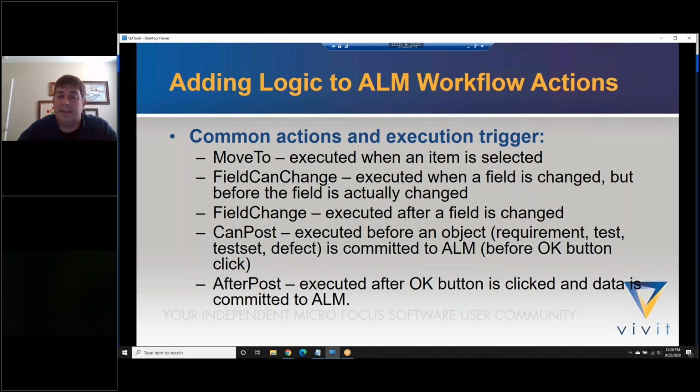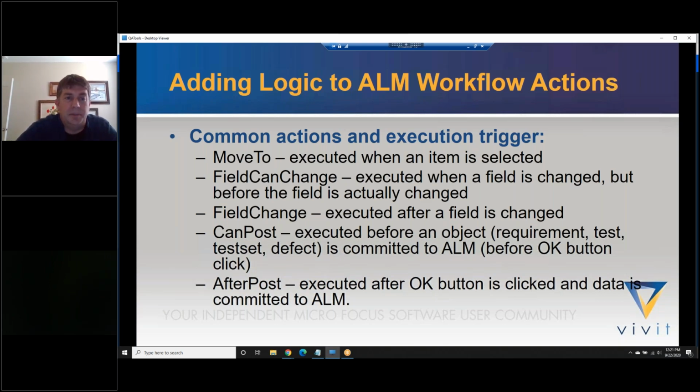So you can check, wait a second, you made all these changes, but can you do all this? And after post is basically that. As the OK button is coming up, if you want to think of it that way, all of the information has been committed to the ALM database, and then this after post event gets triggered.